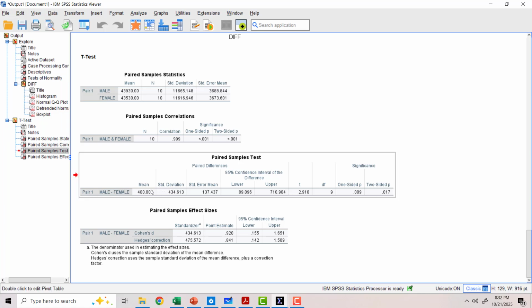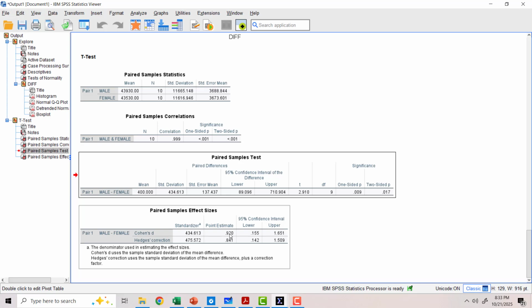We get our mean, standard deviation, confidence intervals as we calculated, t-value as we calculated, degrees of freedom. And we also get the p-value, which we got in Excel, as a two-tailed test, 0.017. We even get some confidence intervals for effect sizes, which we didn't really cover in this class. But we get the estimates for the effect sizes, and we can see the effect size is quite high.